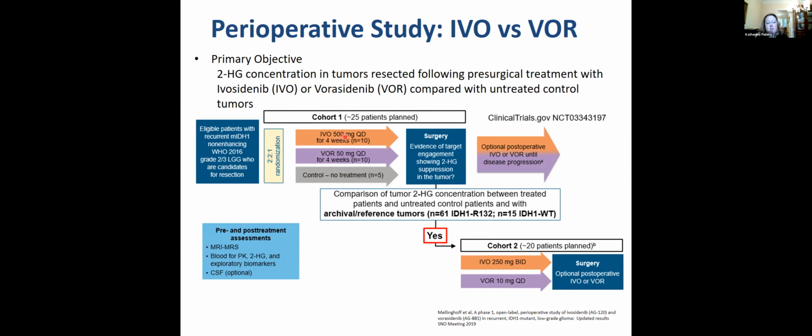They were randomized to receive either Tibsovo, which is ivosidenib, or vorasidenib, along with some patients that were enrolled as controls. We then treated them with the drug and then did surgery, asking the question: can we suppress the 2-hydroxyglutarate, the 2-HG, that we believe is causing the tumor? And then we further allowed the patient to remain on drug afterwards.